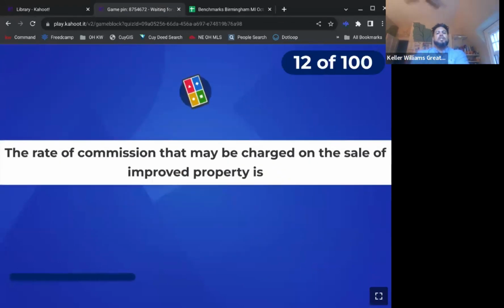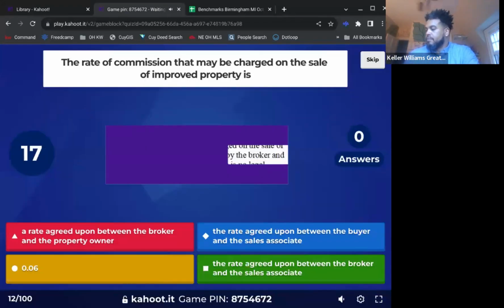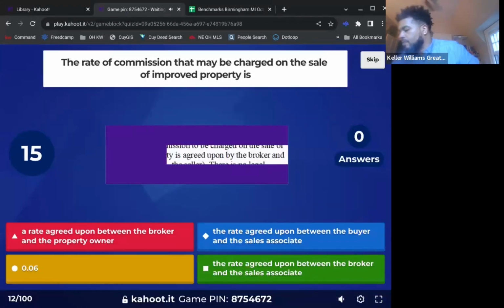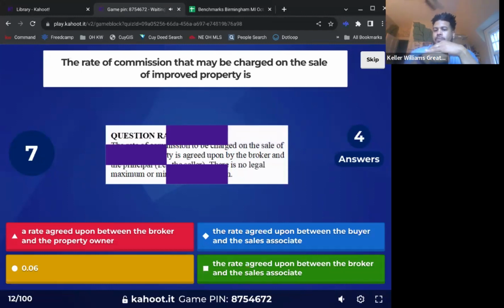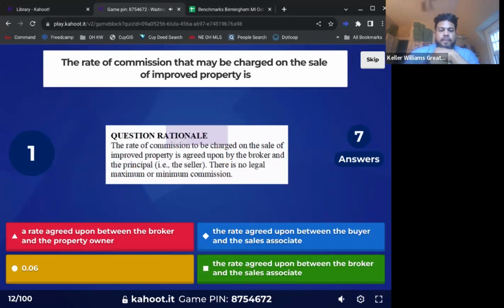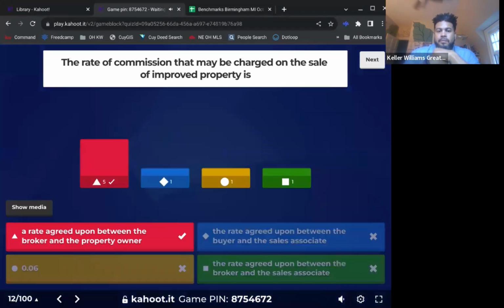The rate of commission that may be charged on the sale of improved property is... All right.